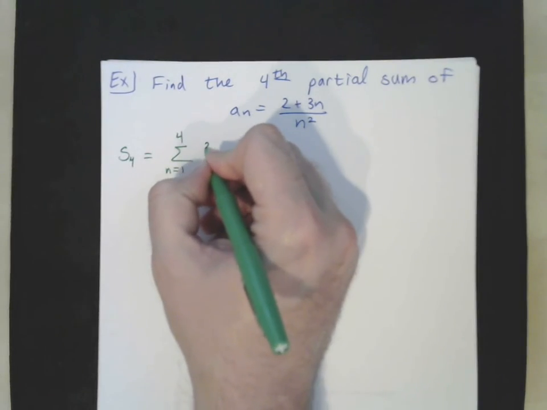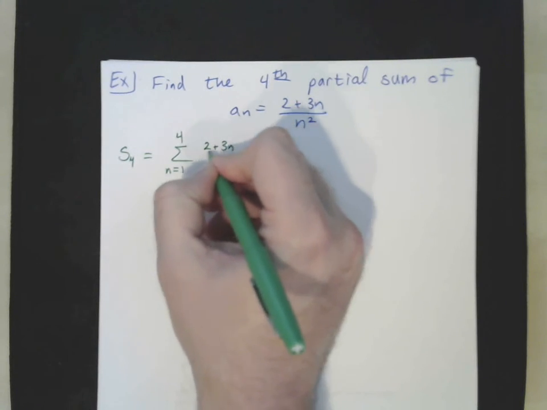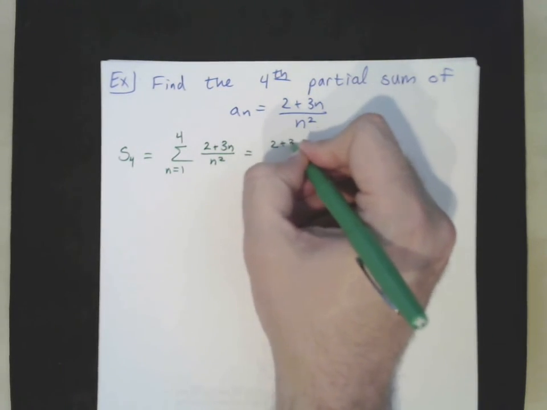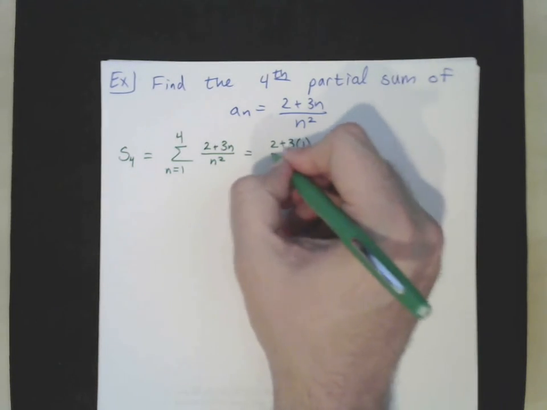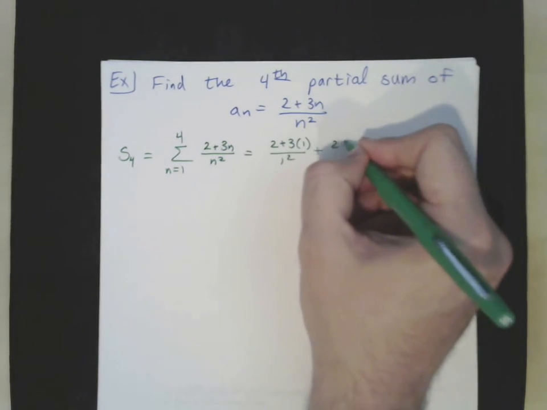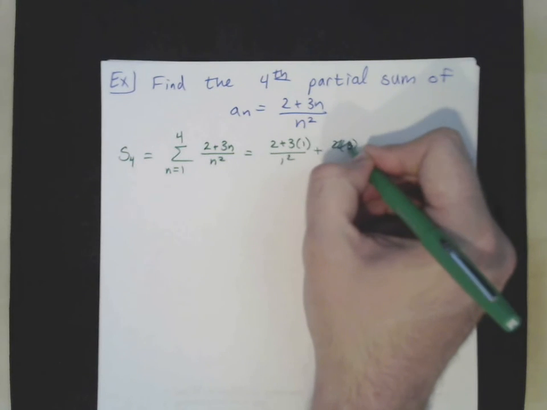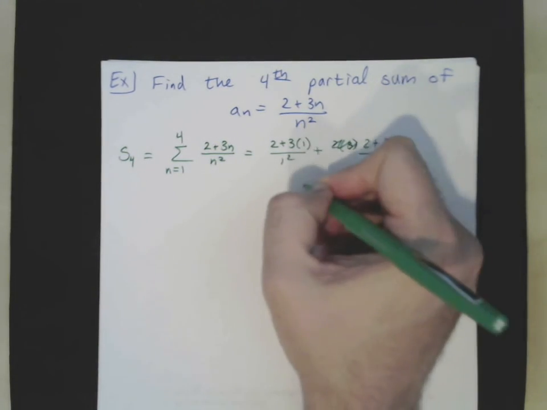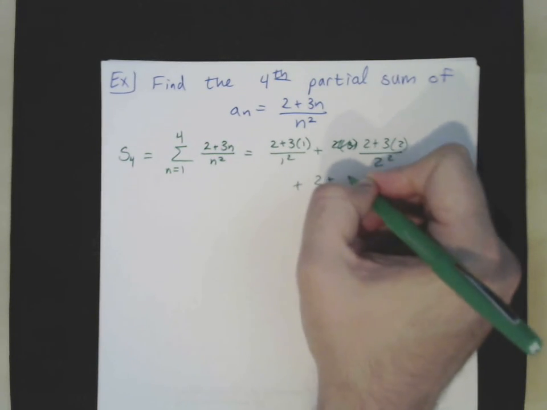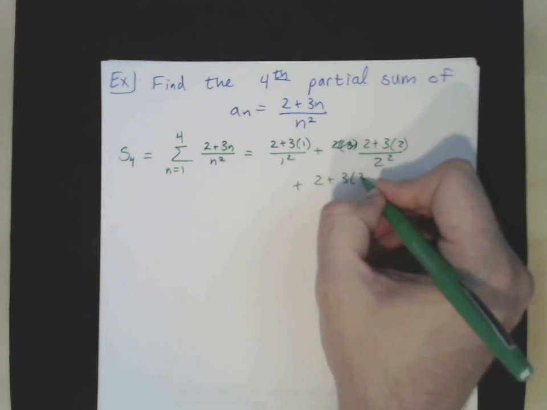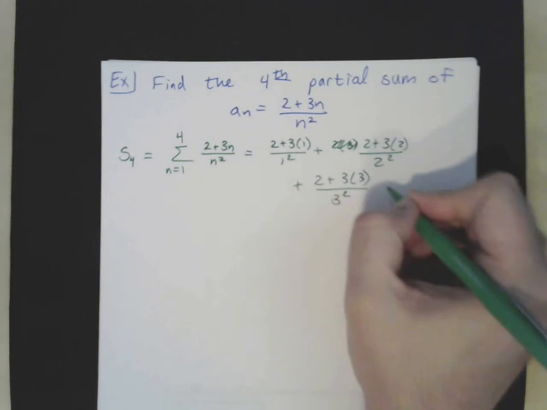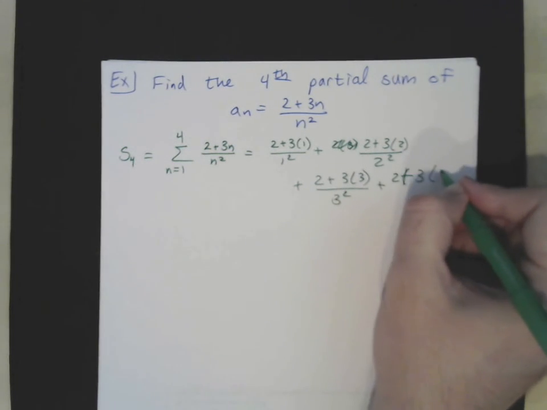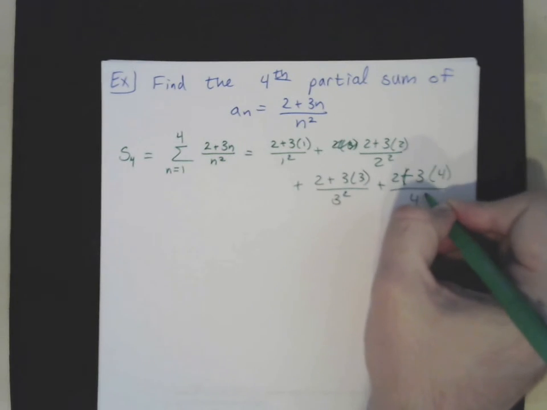And so this would be 2 plus 3n over n squared. So this is 2 plus 3 times 1 over 1 squared, plus 2 plus 3 times 2 over 2 squared, plus 2 plus 3 times 3 over 3 squared, plus 2 plus 3 times 4 over 4 squared.